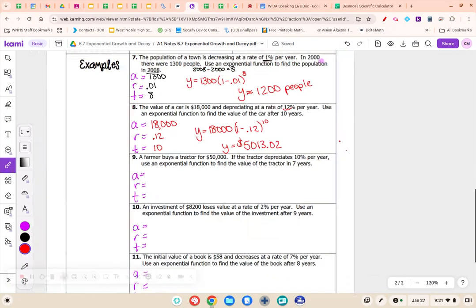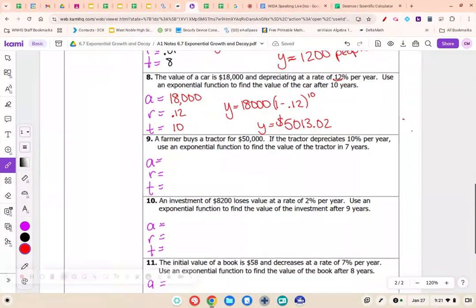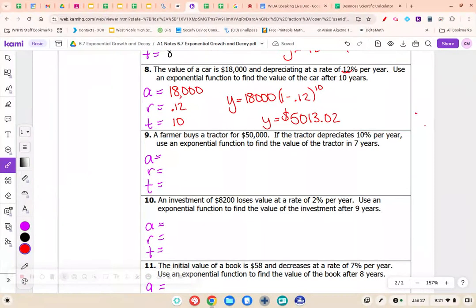Okay, let's do one more. Let's do question 10. An investment of $8,200 loses value at a rate of 2%. So we move our decimal place 2 times, 0.02 per year. Use an exponential function to find the value of the investment after 9 years. So we have y equals 8,200 times 1 minus 0.02 to the 9th power.